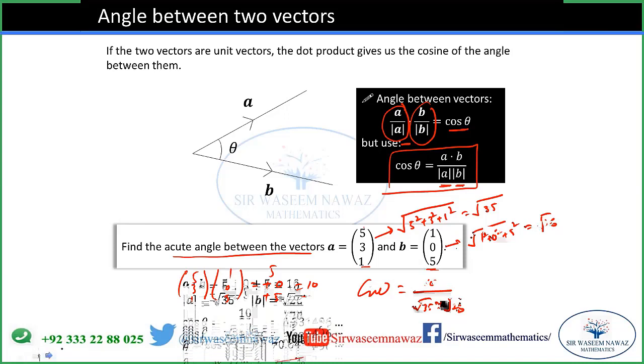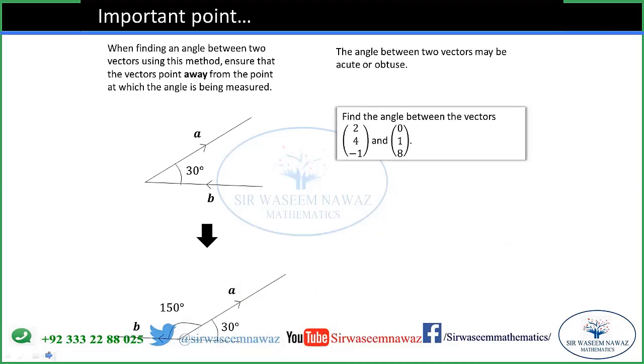Now there is one important thing when you find the angle between two vectors: you must ensure that both vectors are directed away from the point. Remember this thing. For example, in this first example, this is vector A and this is vector B. The direction of A is this and the direction of B is this.